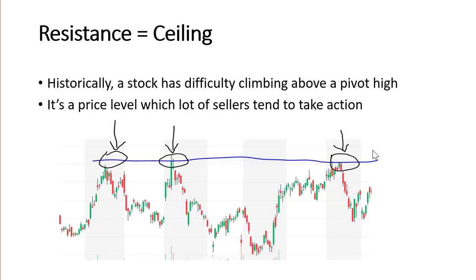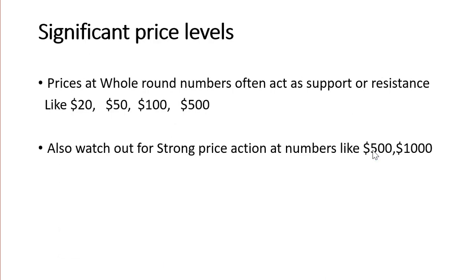Now let's see what price levels to watch out for. Traders' psychology is to buy or sell at whole round numbers, like I will target to buy at $20 and sell at $40.